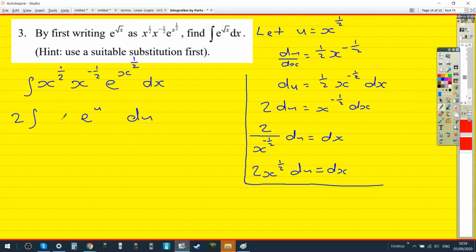And so then the integral would be u squared over 2. No, because you've got two things multiplied by each other. Oh, I didn't use u the first time.